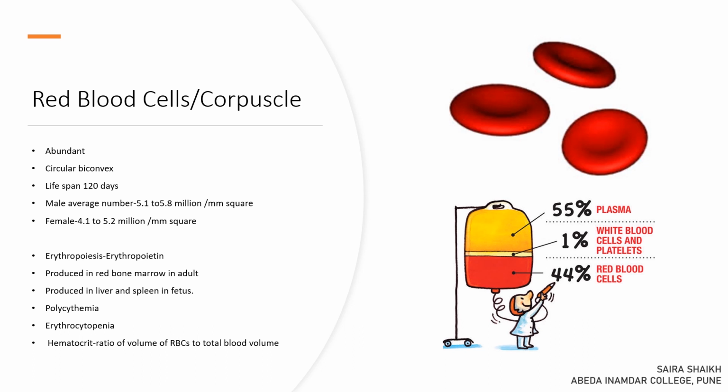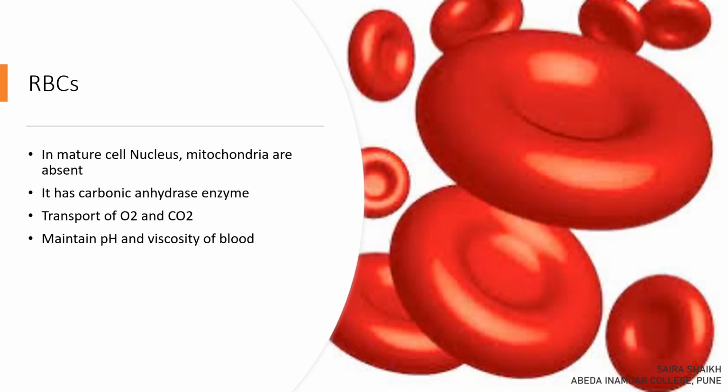Hematocrit is the ratio of the volume of RBCs to the total blood volume. This ratio is the hematocrit.